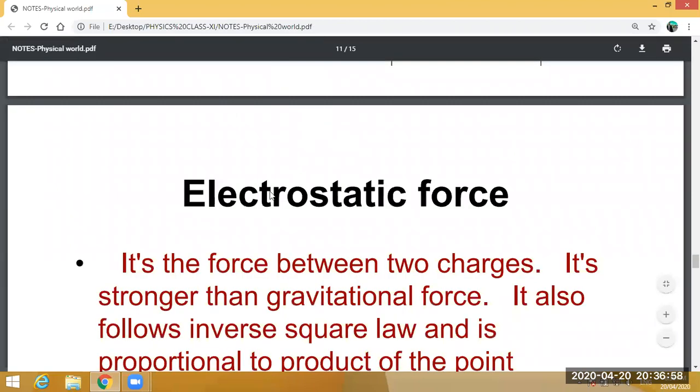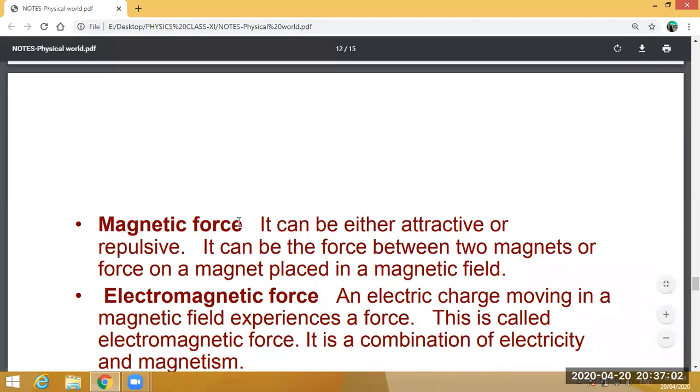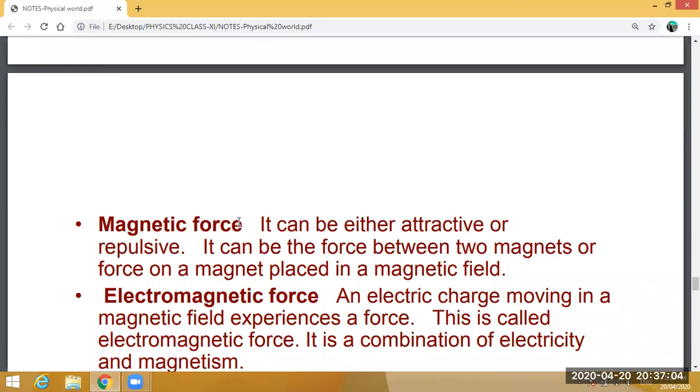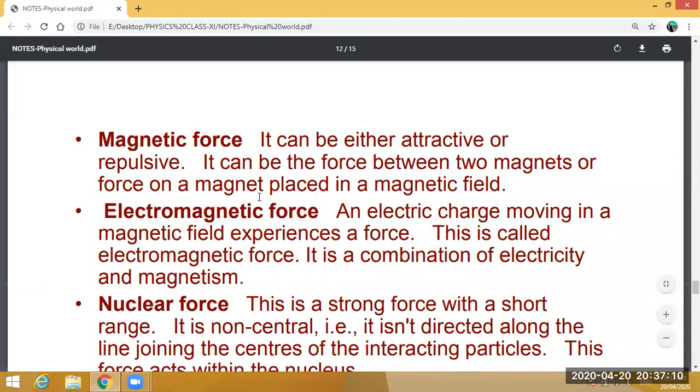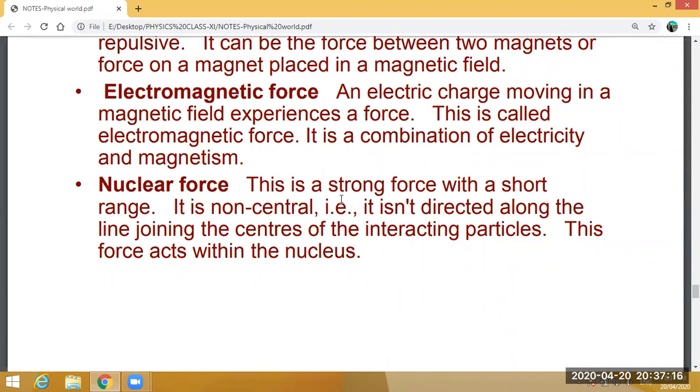Electrostatic force and magnetic force, when mixed together, are called electromagnetic force. So you must write gravitational force, electromagnetic force, and then nuclear force. Only three forces. Okay. And when you explain electromagnetic force, then you can divide it as electrostatic force and magnetic force.